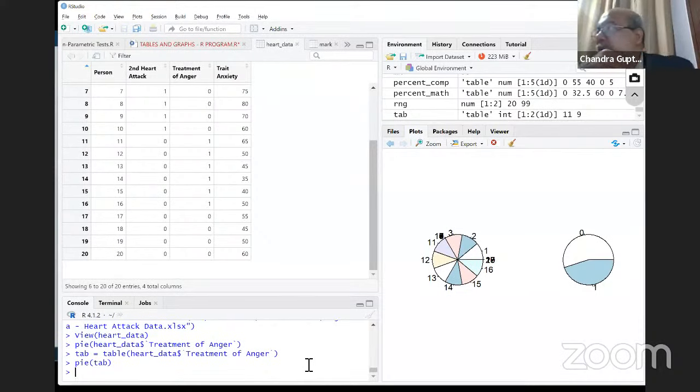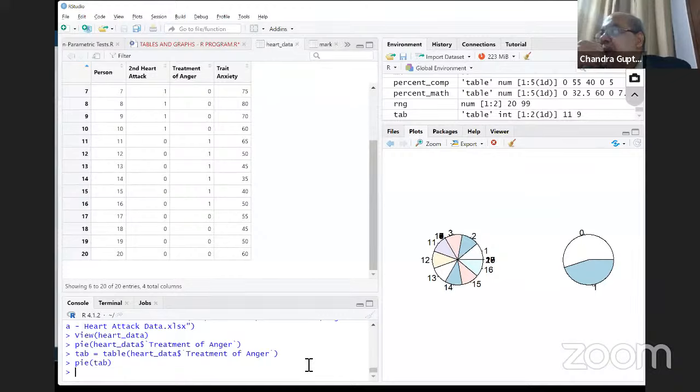Now you can see the frequency distribution table of the data. So it's up to you, not necessary that you have to first convert it into a data frame and then you do it. It's not necessary.